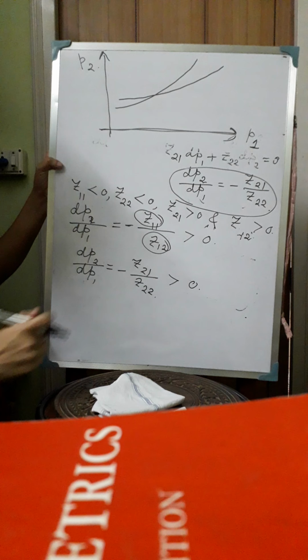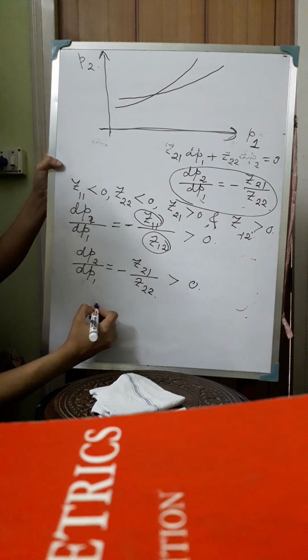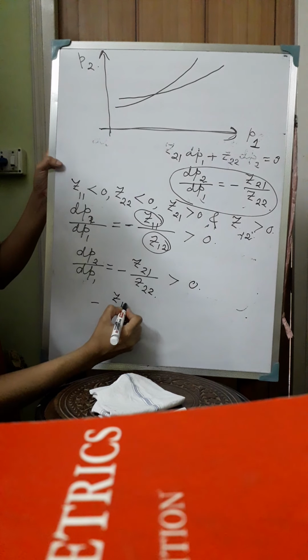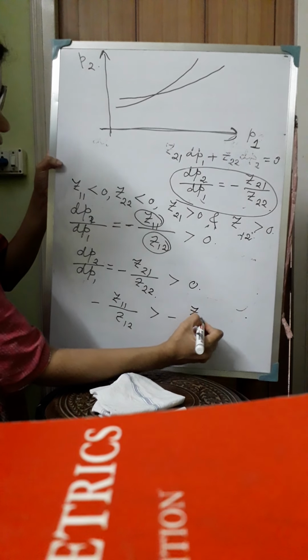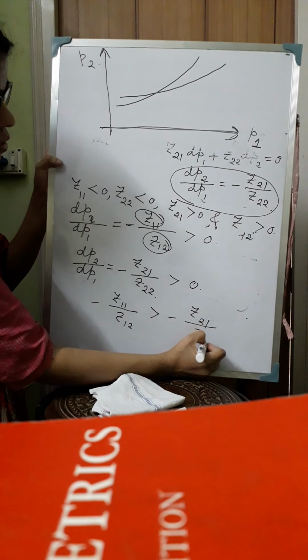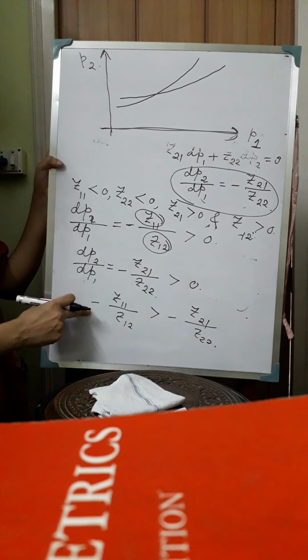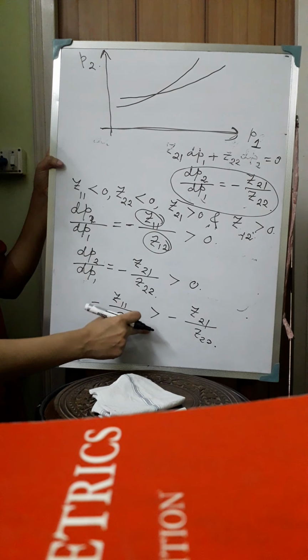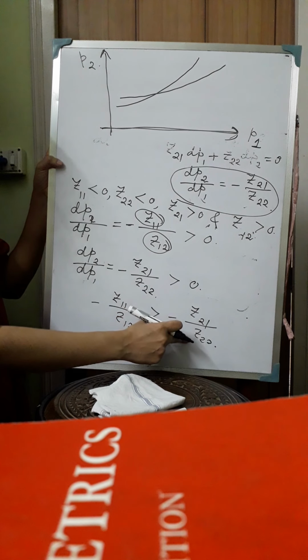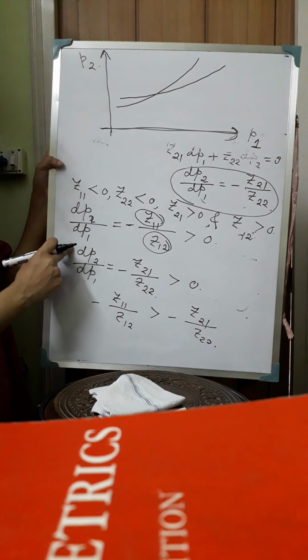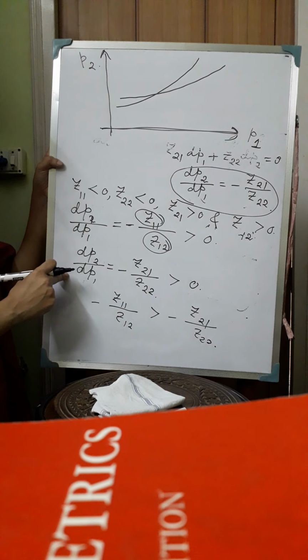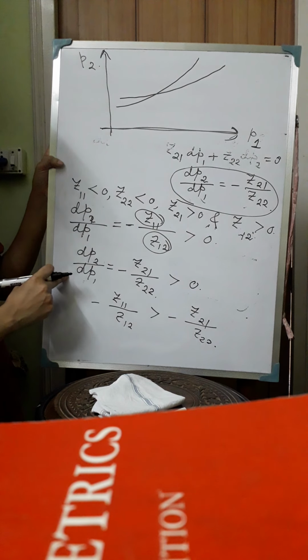Now suppose by assumption we are considering that minus Z11/Z12 is greater than minus Z21/Z22. That is, the curve which represents the equilibrium in market 1 is steeper than the curve which represents the equilibrium in market 2.